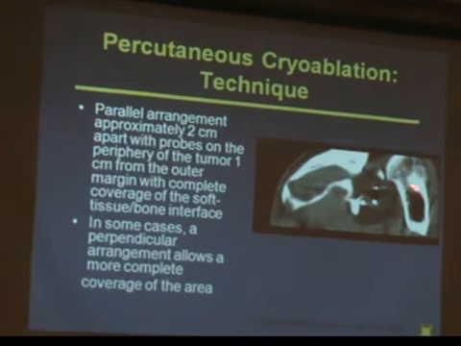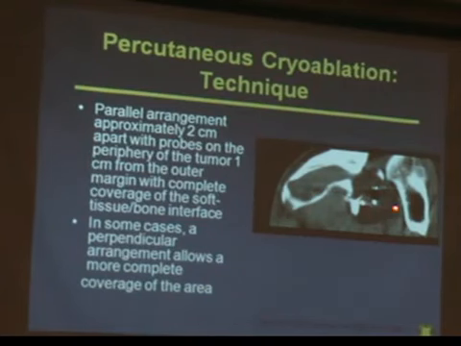Here's one of my cases that I've done last year. This is the proximal humerus. There was a lytic destructive lesion of the inferior glenoid with an associated soft tissue mass. This is a patient with known lung cancer, having intractable shoulder pain, 8 to 9 out of 10 despite the use of narcotics.